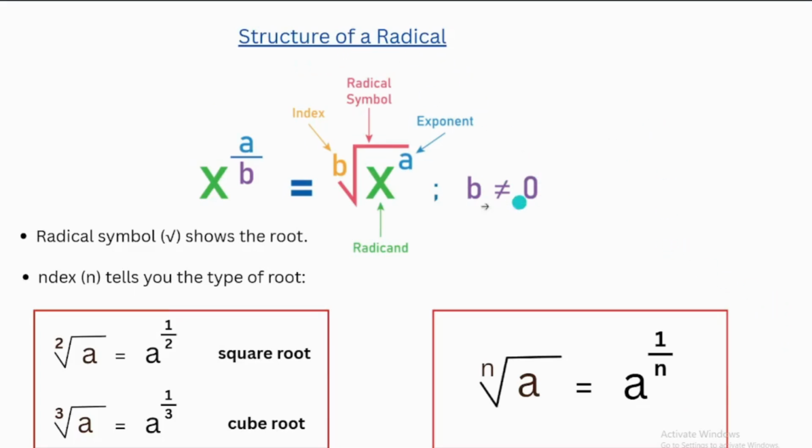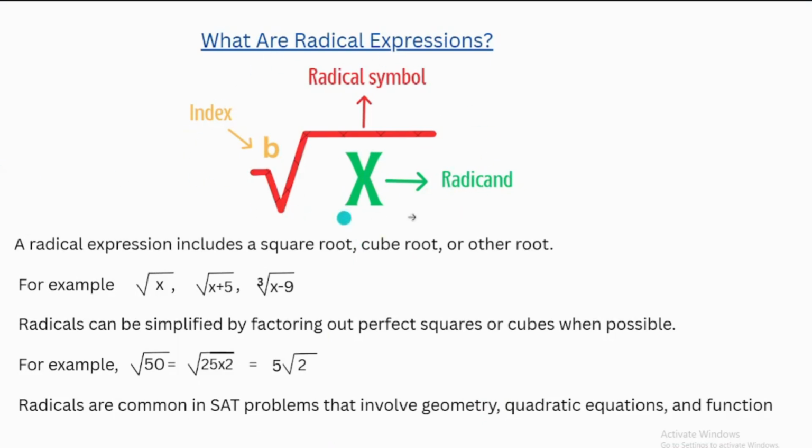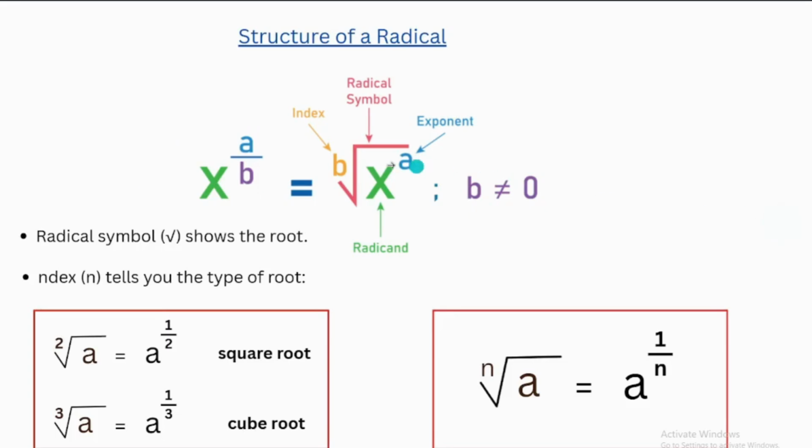The structure of a radical is the same as a radical expression, but here there is an exponent. This is the radicand, as we said, the radical symbol, and the index. When x has an exponent, the exponent of x is a over b. The index of the root will be in the denominator, and we should say that b is not equal to 0.